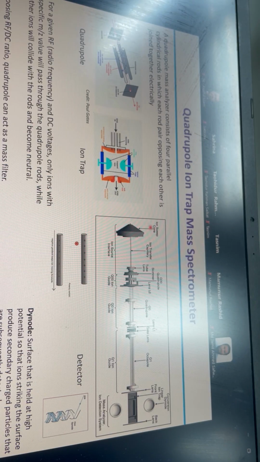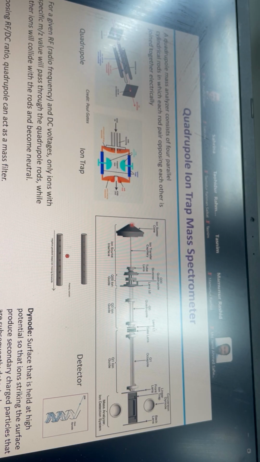So you have the ion source here, and this is the sample cone, then you have the ion transfer tube, then you have a lot of quadrupoles, a lot of rods. That actually creates a road or train so that ions can move through. If you want to go from Dhaka to Rangpur, you need to follow the train or the road, which can take you from Dhaka to Rangpur.